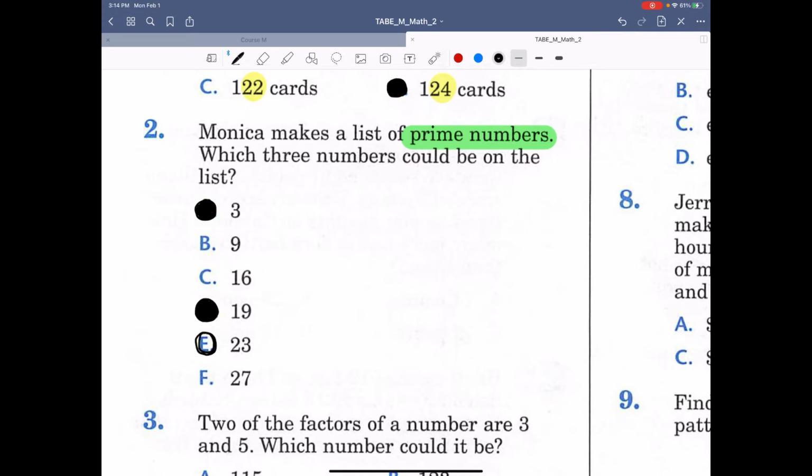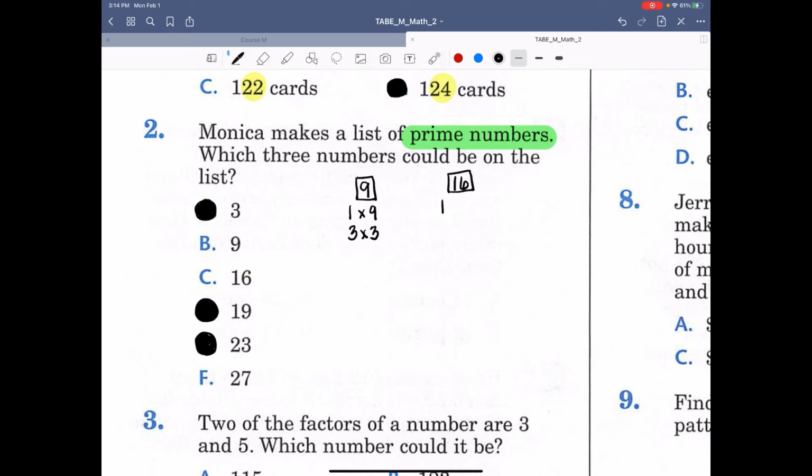Now, because this is a review, let's review why the others cannot be prime. The 9, if you list the factors of 9, 9 is a composite. You have 1 times 3, 1 times 9. You also have 3 times 3. So 9 is composite. 16 is composite.